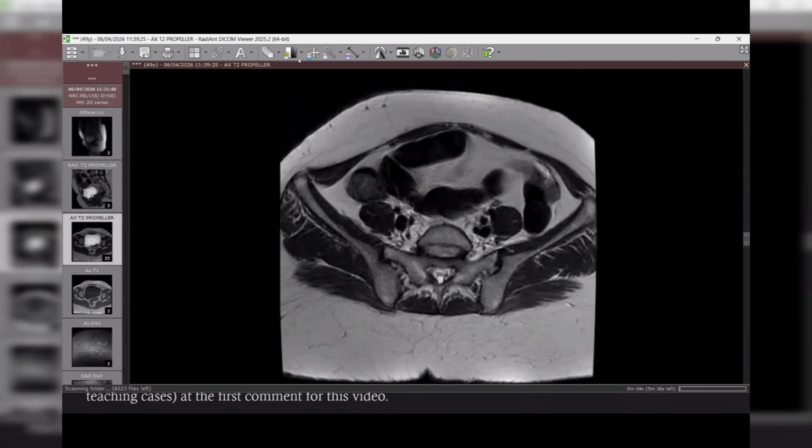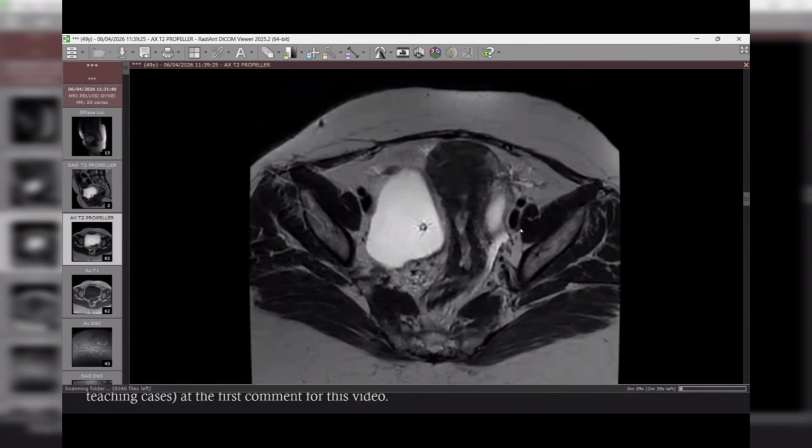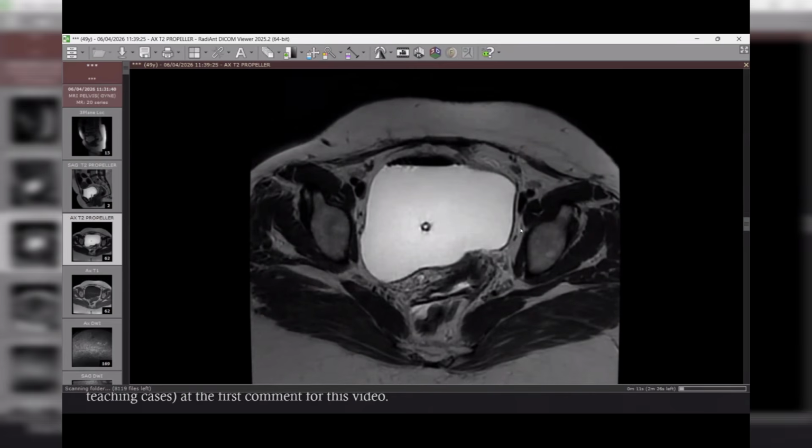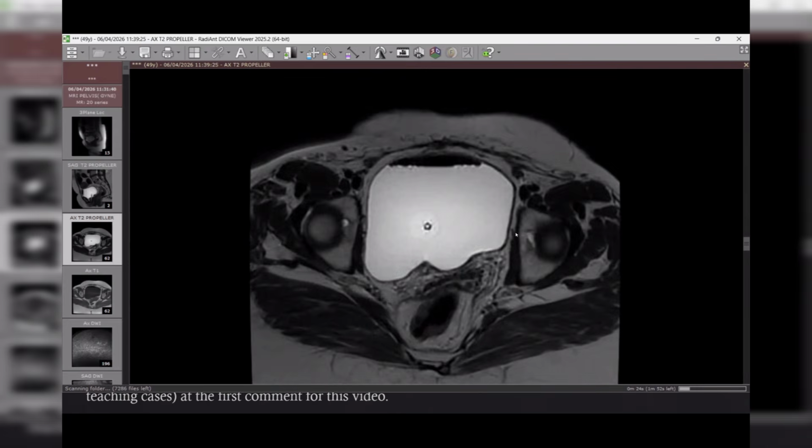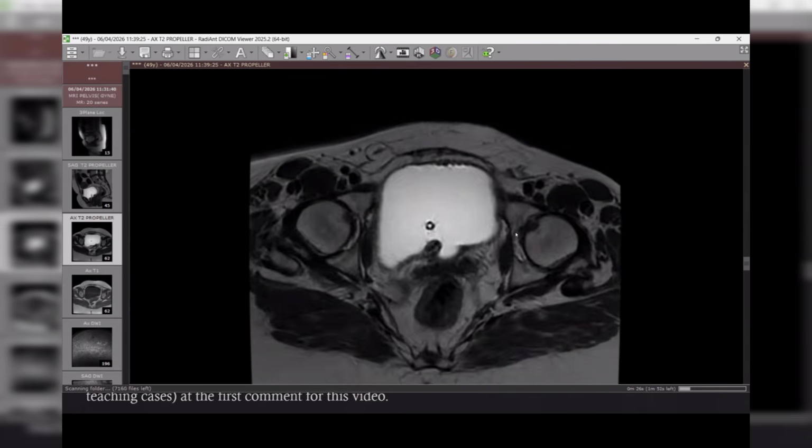This case really was a little bit strange. The patient presented with dysuria, and we did an ultrasound for the patient, and the ultrasound report revealed a urinary bladder stone.